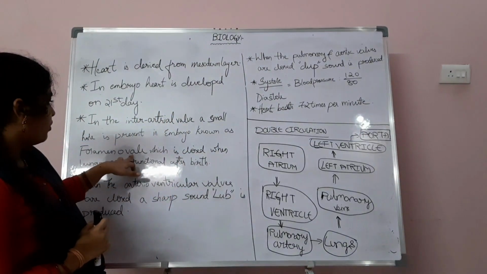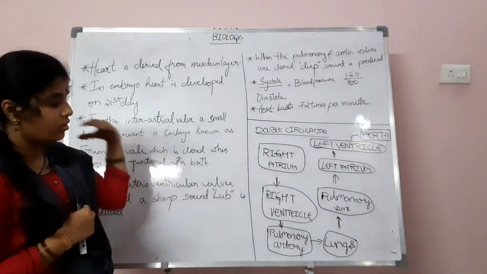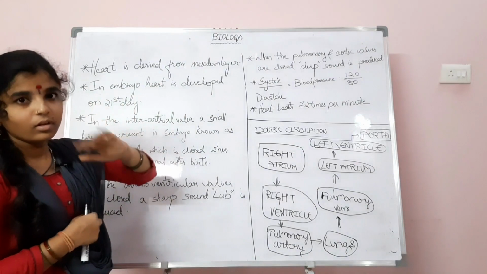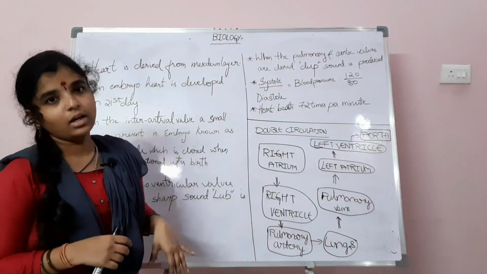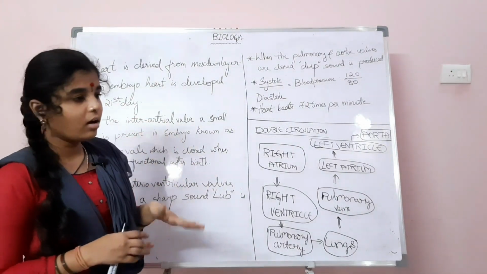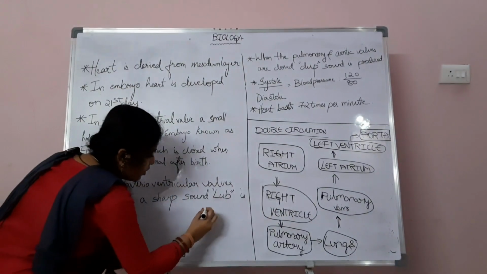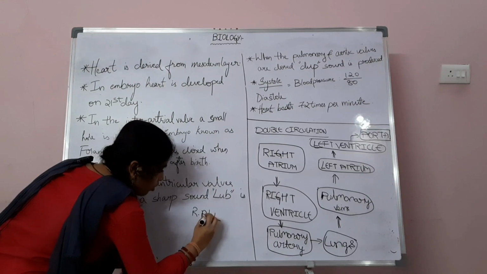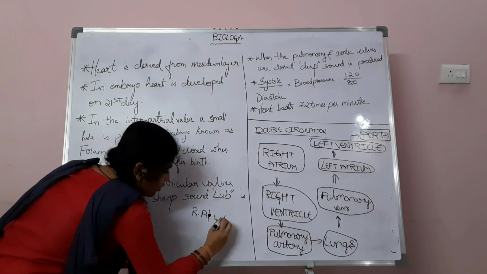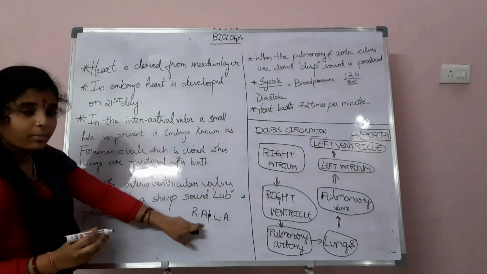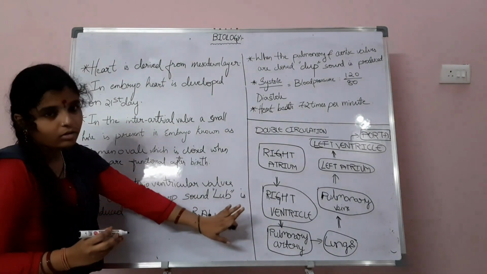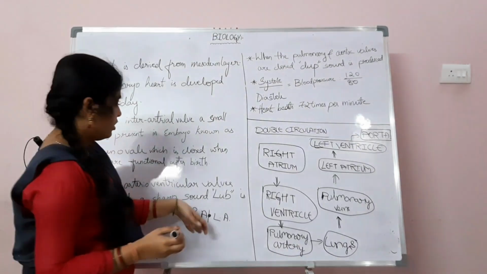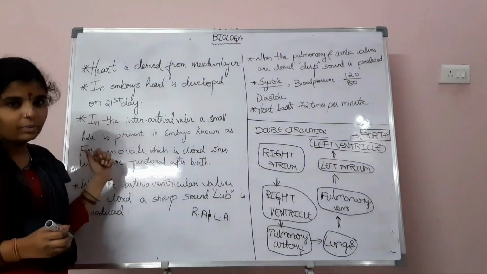Whatever blood comes from the superior vena cava and inferior vena cava goes into the right atria, and this hole is present between the right atria and left atria. So whatever blood comes goes directly into the left atria. It is very problematic for children who get this problem, patent foramen ovale.